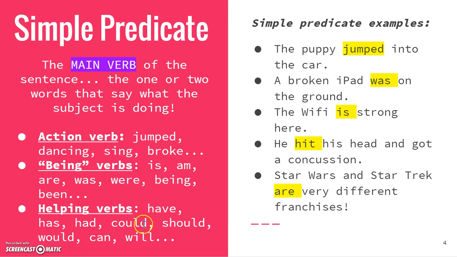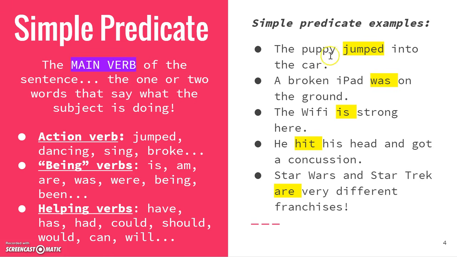Have, has, had, could, should, would, can, will, may, might. So, in these cases, we mostly just have a one-word answer, but there could be more than one word working together to be the main verb, or that predicate verb.